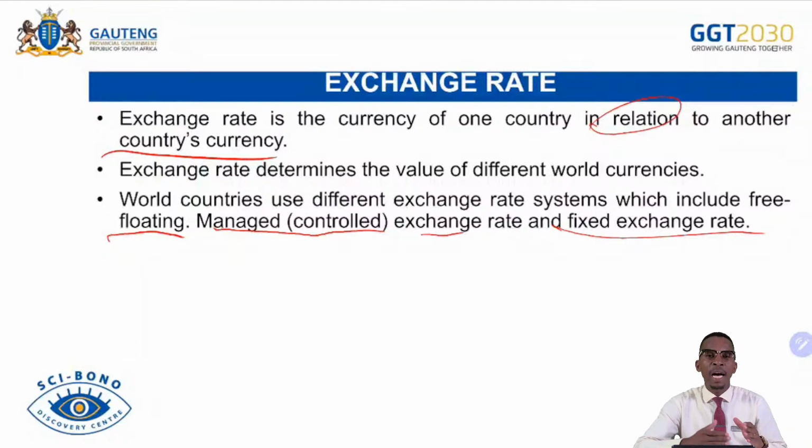So the floating range is from 7 to 12. The currency cannot appreciate below 7 rand to the US dollar, and cannot depreciate above 12 rand. So it moves within limits.